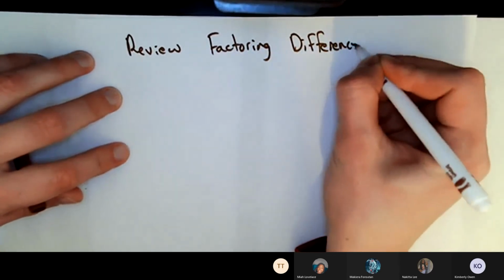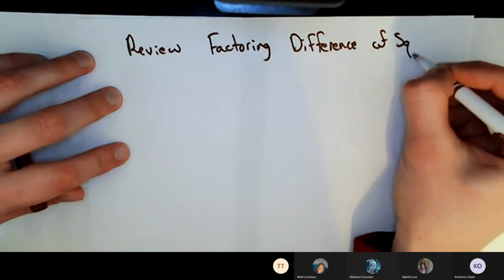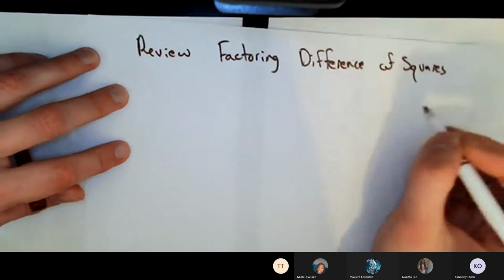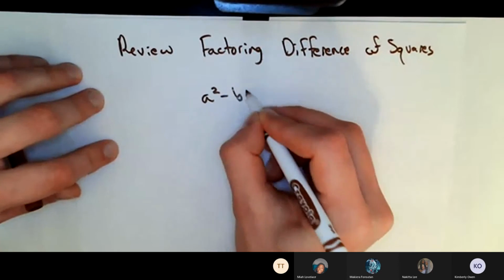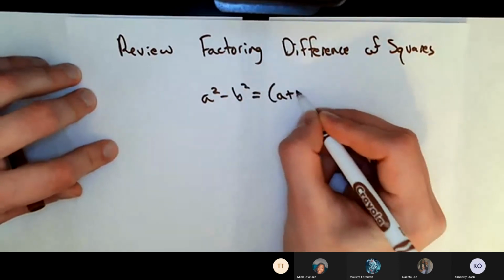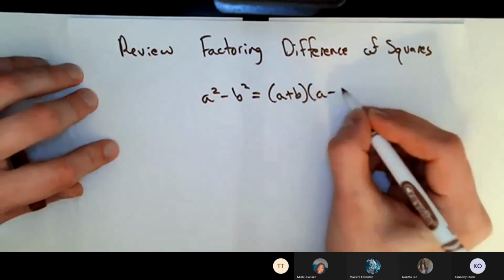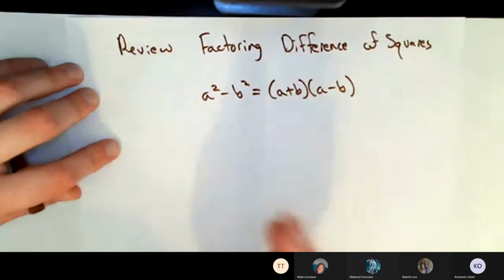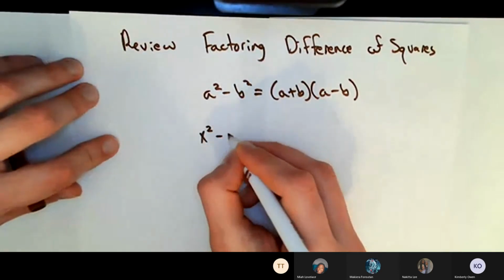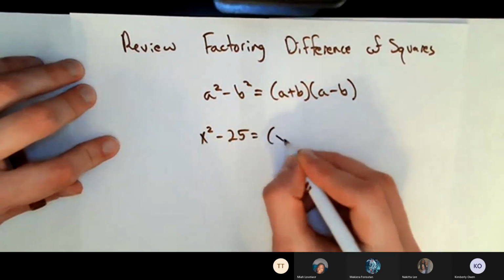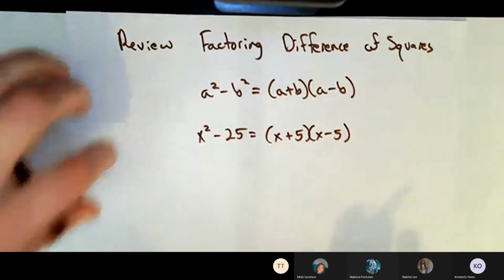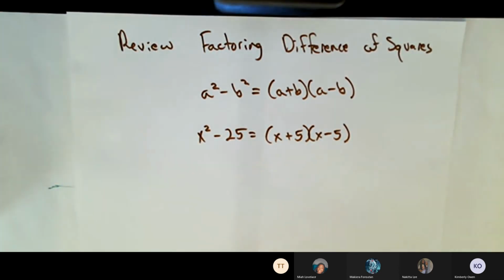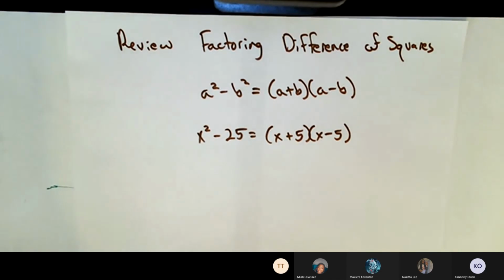If you can do that over the weekend, and if I can assume you have all done that over the weekend, then we will get a little bit ahead for next time. So for instance, just a real quick example, like x squared minus 25 is x plus 5 times x minus 5. If you can review that, maybe run some problems, the examples in the text.